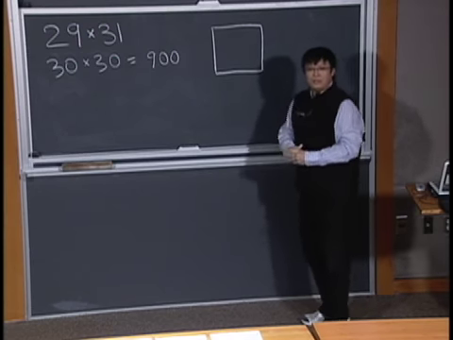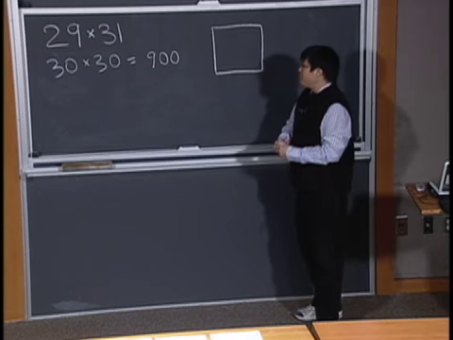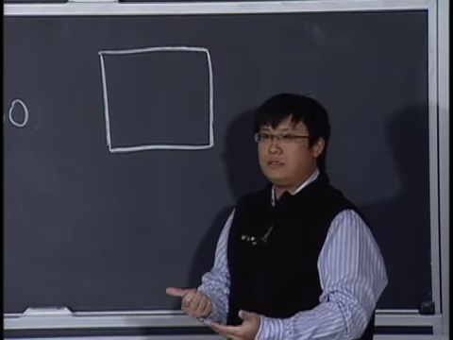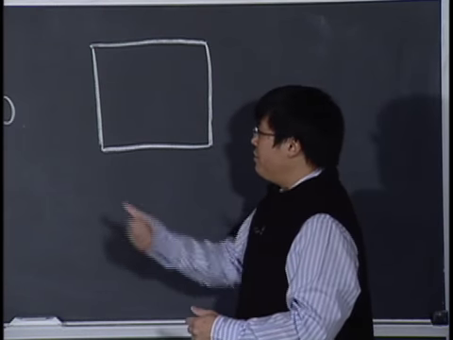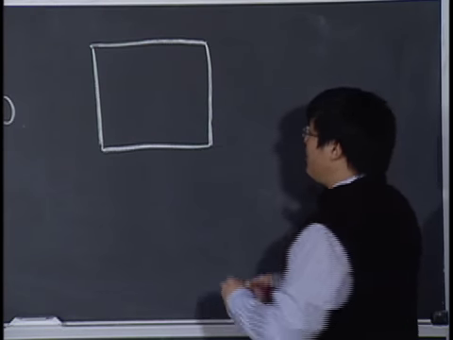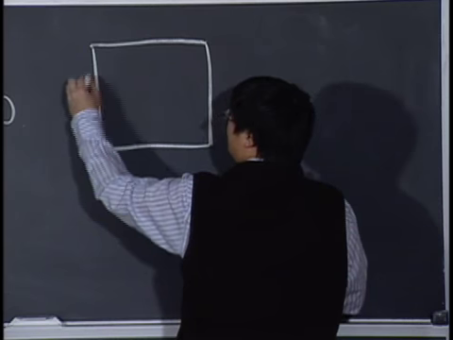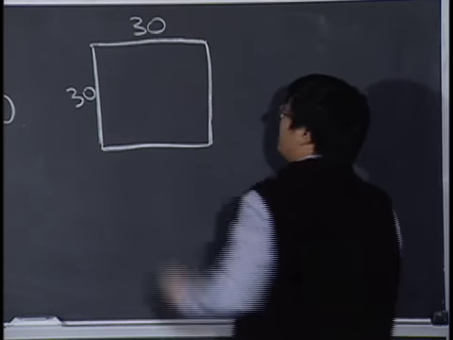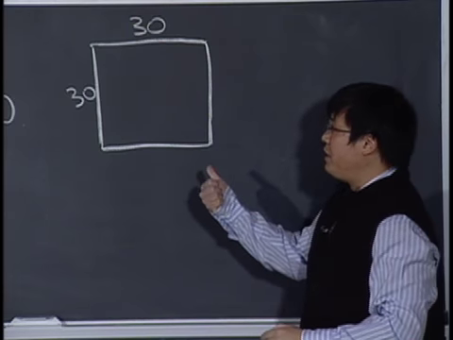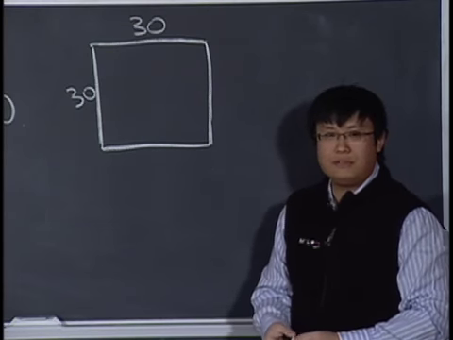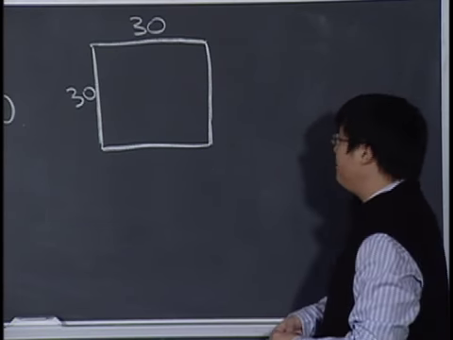One way to think about multiplication is as the calculation of the area of a rectangle whose sides are equal to the numbers that we're multiplying. So a 30 by 30 rectangle, which is a square, is represented as so. We have a square of sides of length 30. How do we tweak this square to get a rectangle of size 29 by 31?